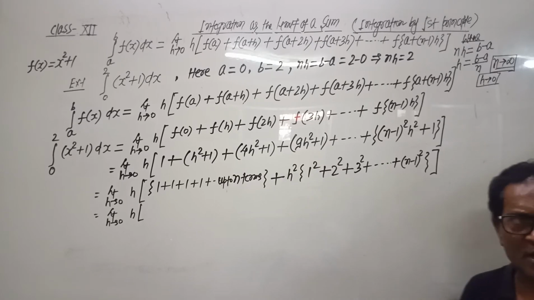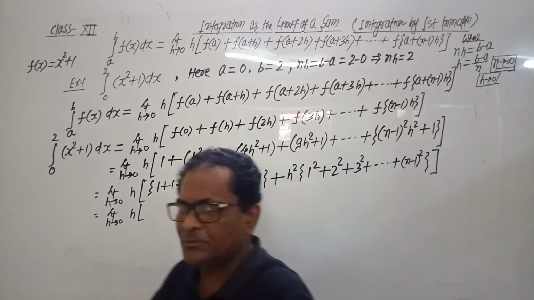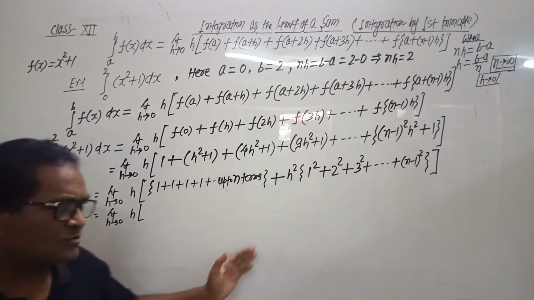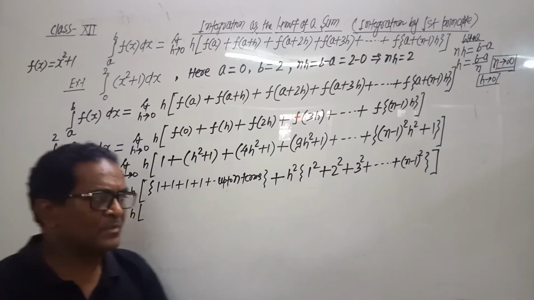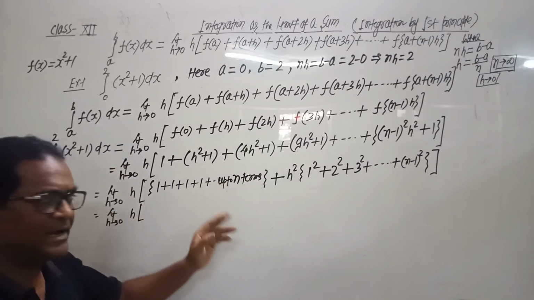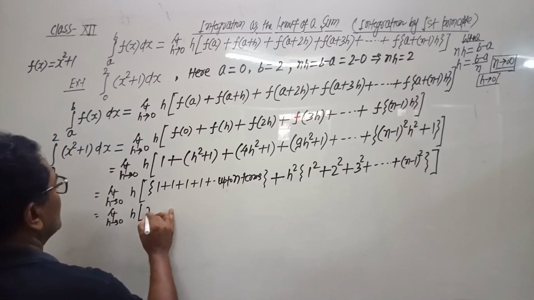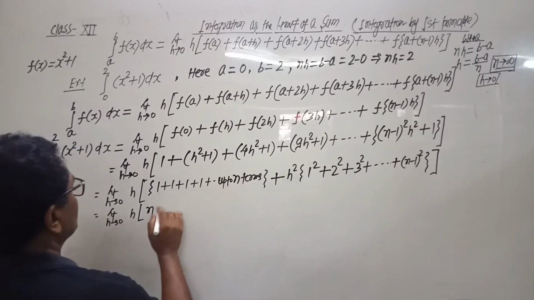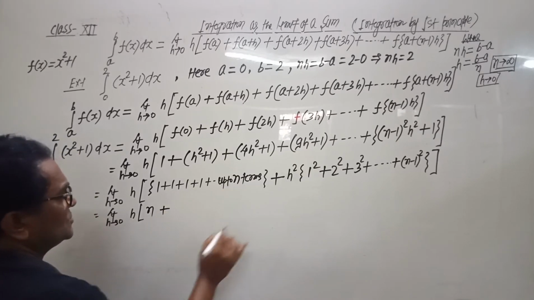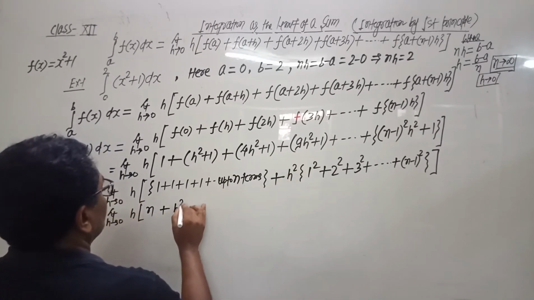If it is up to 4 times, it becomes 4. If 1 is added 10 times, we get 10. So n times 1 added, we get n, that is 1 into n. So for this, it becomes n plus h square.